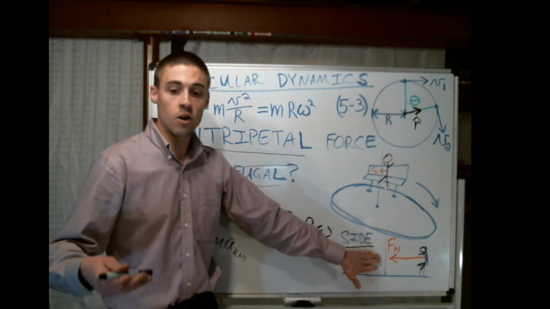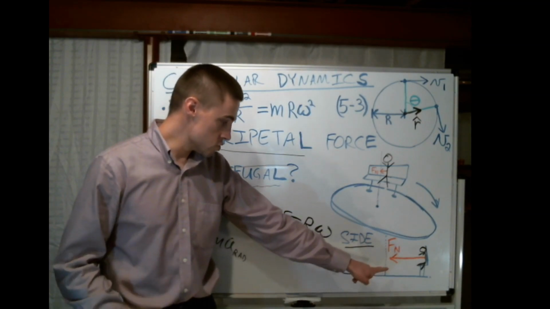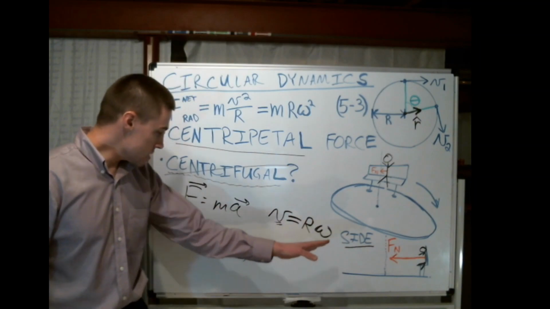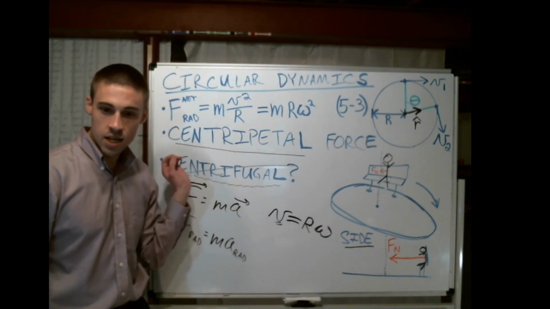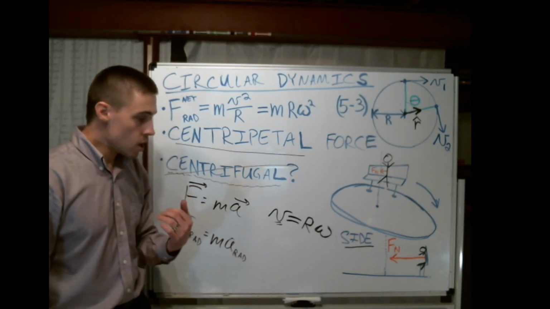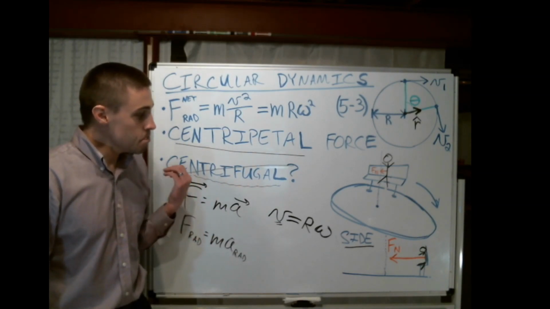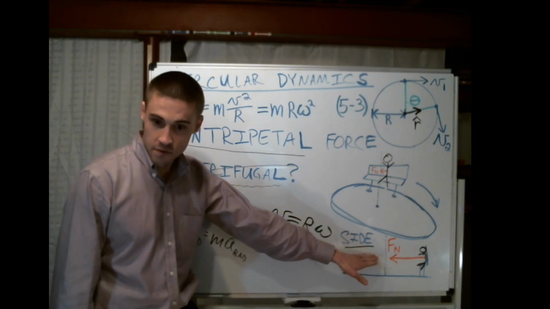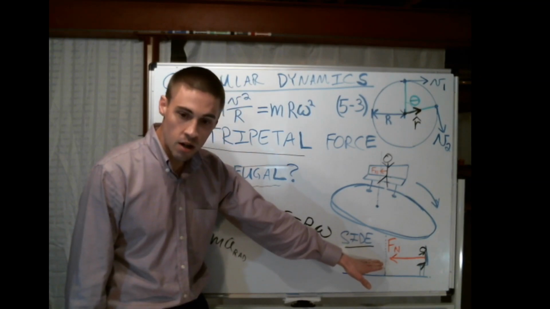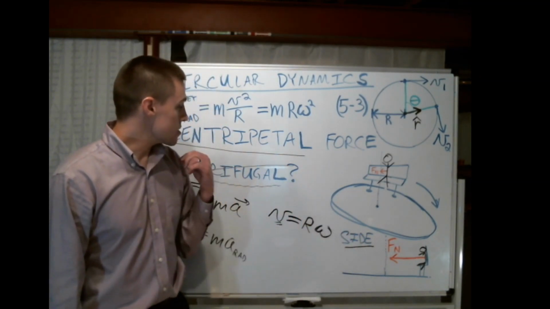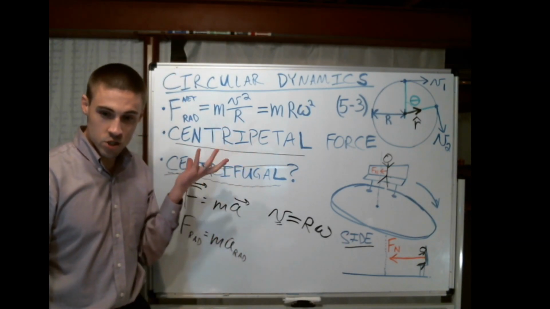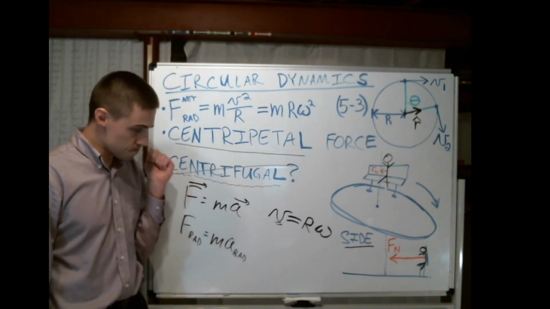That happens to be our centripetal force. But I wouldn't draw F centripetal here on the free body diagram, because the centripetal force is just an idea. It comes out from what we know about circular motion, and it is made up of those real felt forces involved in the problem. Those things bring about this centripetal force, which is more of a mathematical concept.